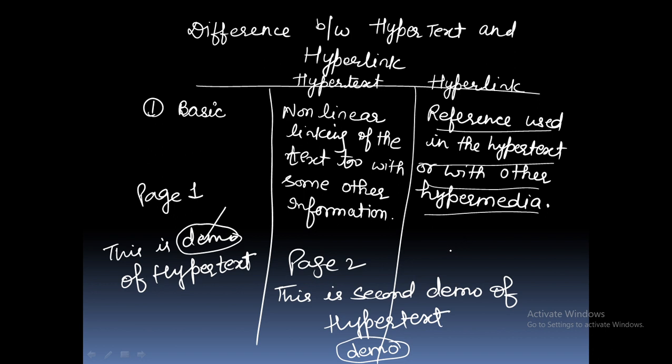In this case, if we paste this demo text copy on other document, whether they are Excel file, whether they are Notepad file, whether they are Word file, if we paste there as hyperlink, then that is known as a hyperlink.